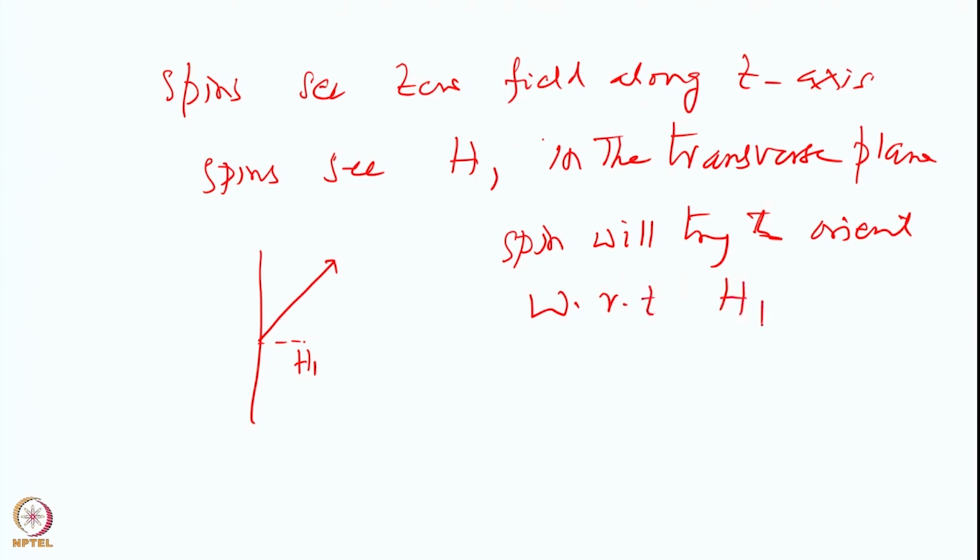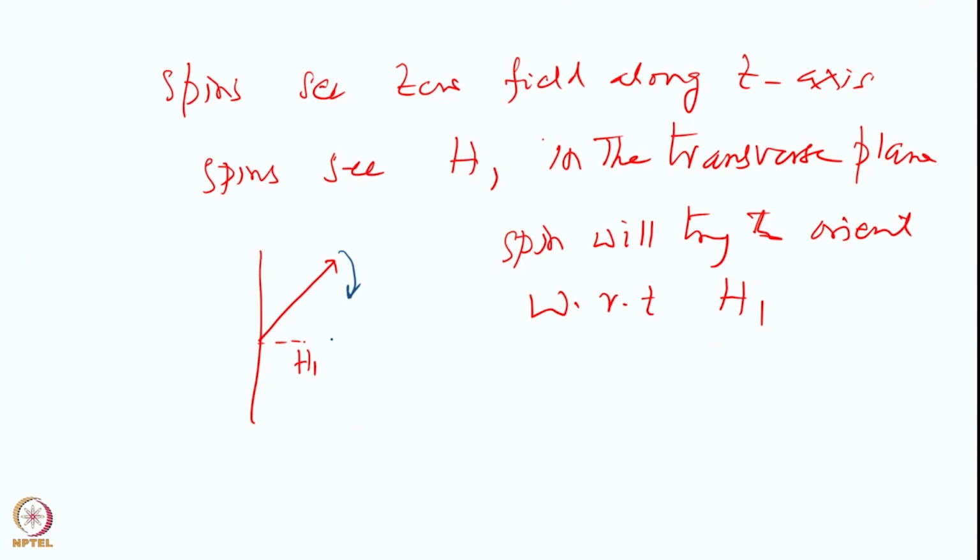What does that mean? So, they will have to change their direction. I will change the color here. They will have to move towards the H1 because the H1 is in the transverse plane. It moves in the transverse plane. So, therefore, the magnetization moves in the transverse plane.